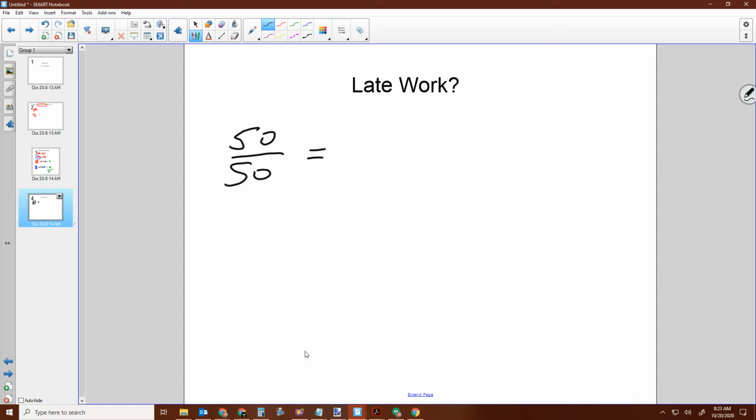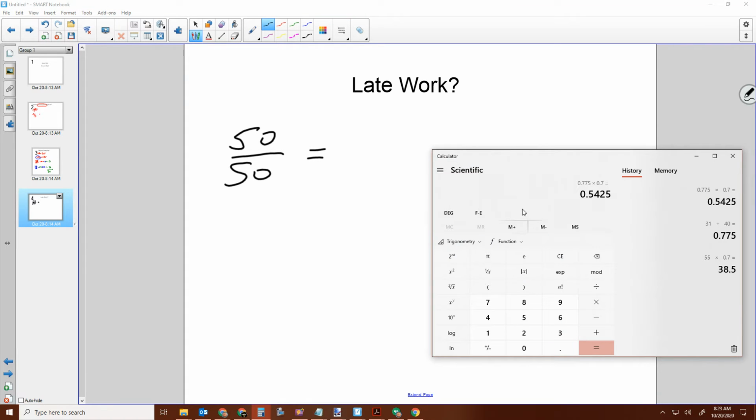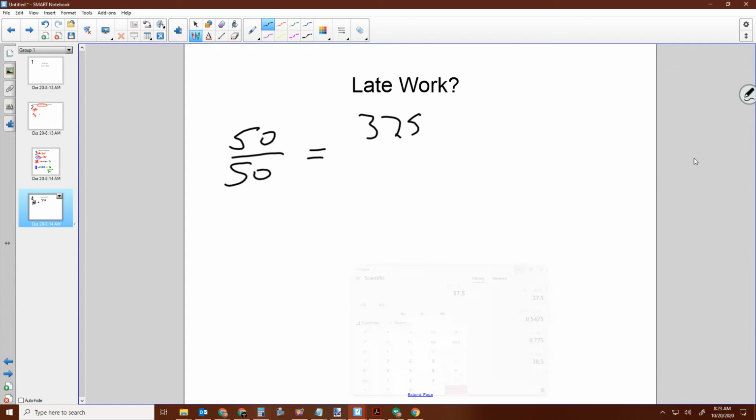Well, rather than give you that 50, I'm going to pull up my trusty calculator again, and I'm going to multiply it by 0.75 because I penalized you 25%, and I'm only going to give you a 37.5, and it's going to be marked in Infinite Campus as late. That is a generosity. I could just give you a 0, but because I am benevolent, I've chosen to only penalize you 25% for your late work.